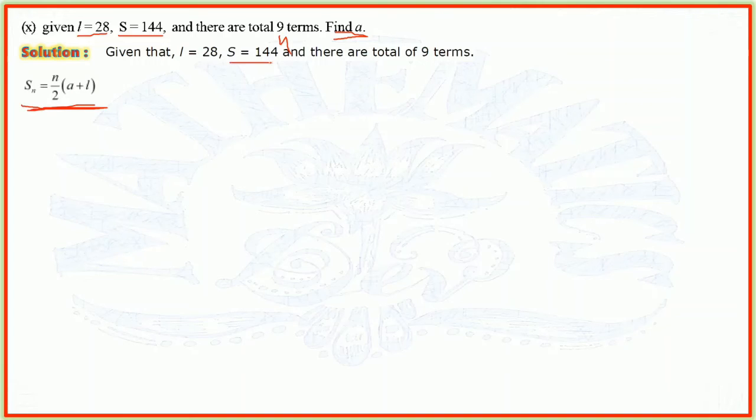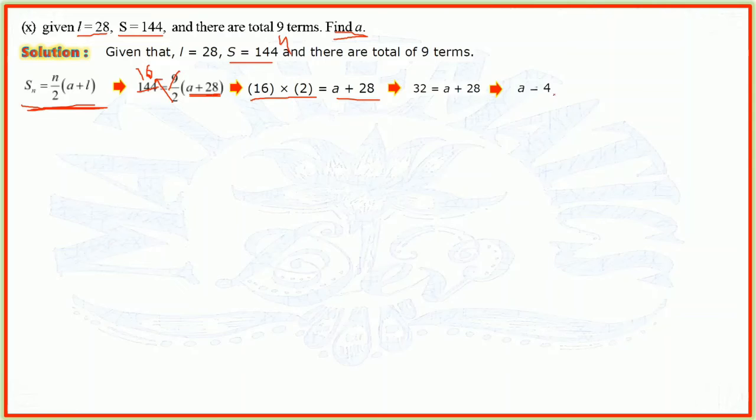Since the sum is given, we use the sum formula Sn = n/2 × (a + L). So 144 = 9/2 × (a + 28). Cross multiplying the 2, 9 × 16 = 144, so the remaining right-hand side is a + 28. 16 × 2 is 32, so 32 = a + 28.